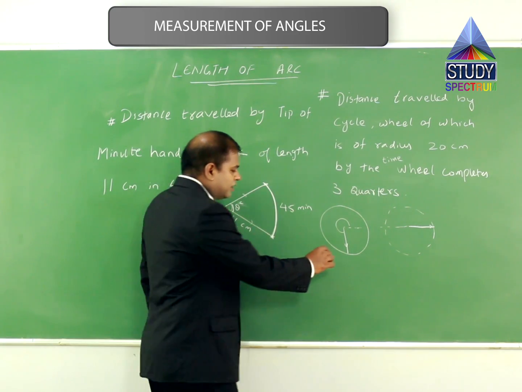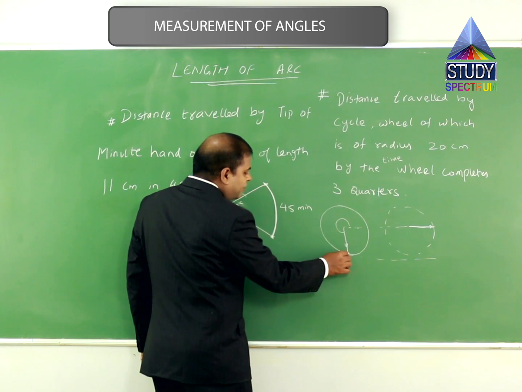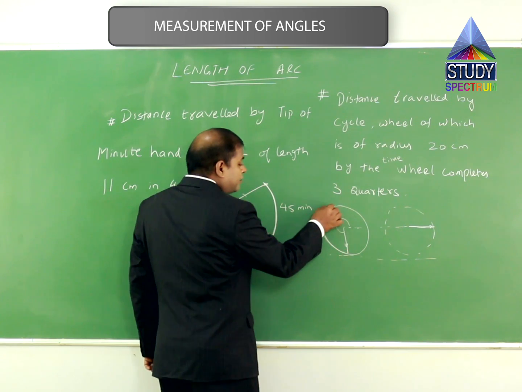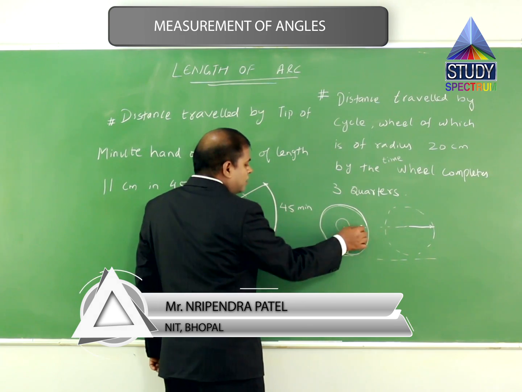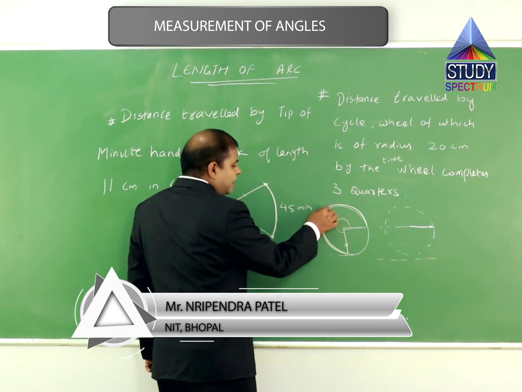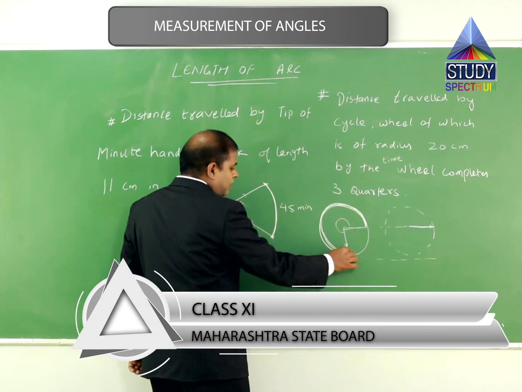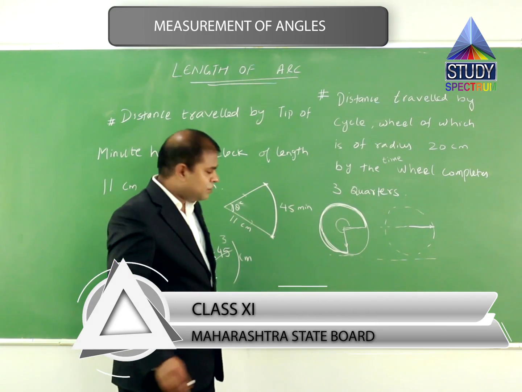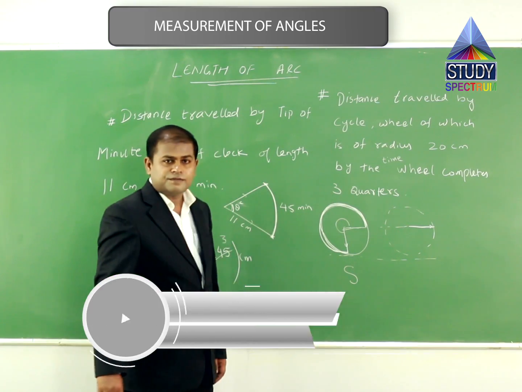So if you observe the figure, the distance travelled by the cycle wheel by the time this wheel completes 3 quarters is the same as the length of this arc. Right? So distance travelled is the same as the length of the arc.